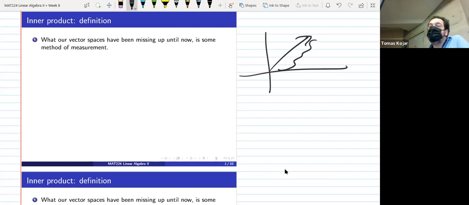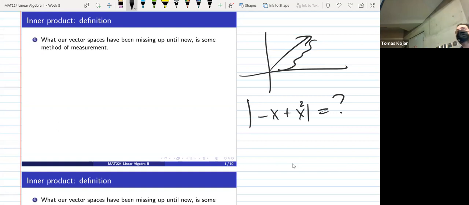You could even compute the length of the vector, right? But what's the length of minus x plus x squared? So how do you compute length even of polynomials? There's a way to do it.